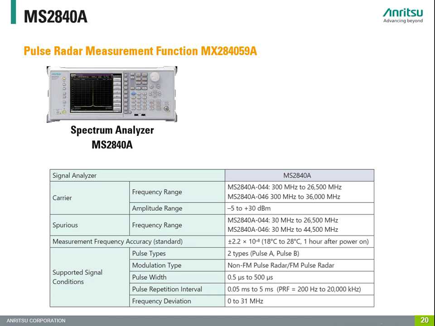The MS-2840A is a mid-range spectrum analyzer up to 44.5 GHz and provides an instantaneous analysis bandwidth up to 125 MHz. Together with this pulse radar analysis option MX2840-59A, chirped signals up to a bandwidth of 30 MHz can be analyzed.